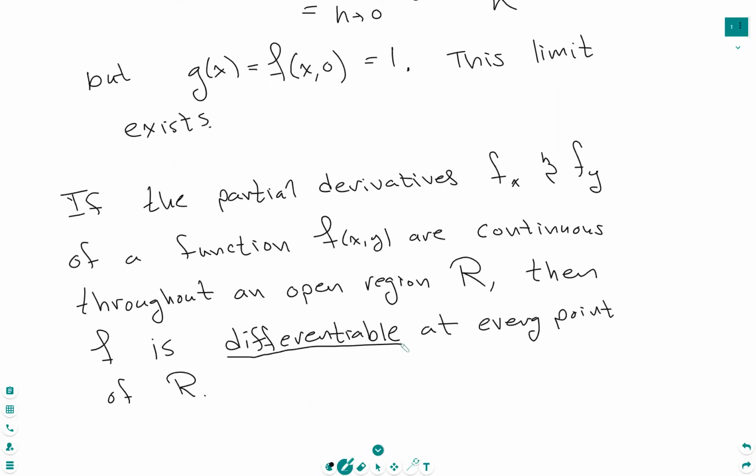Certainly those shouldn't exist in this example, because that limit wouldn't exist. You're going from 0 and then all of a sudden you spike up to 1. It can't happen. So what we have to do is define differentiability as a small neighborhood around our point. So consider the origin in our example here.